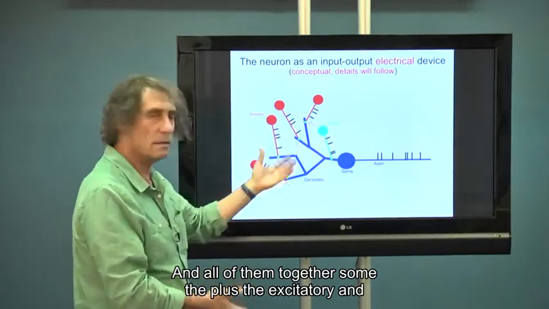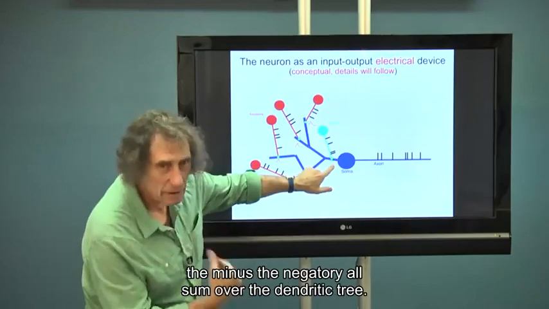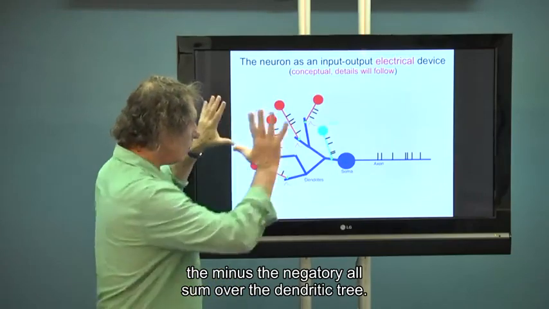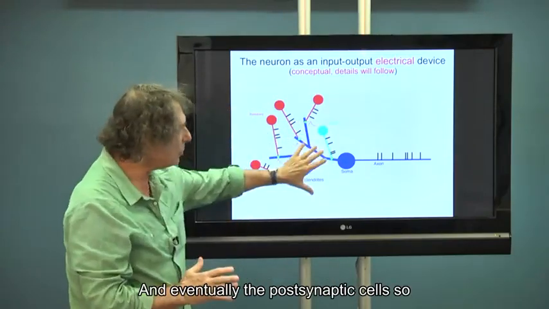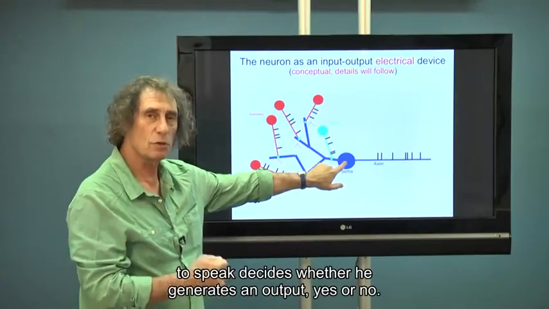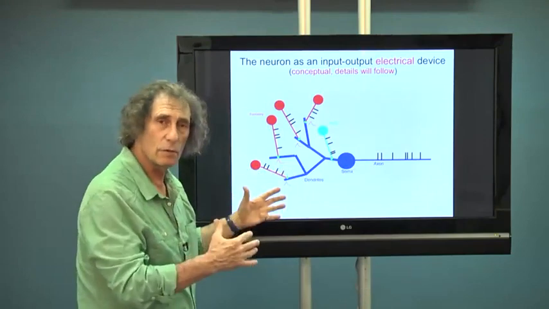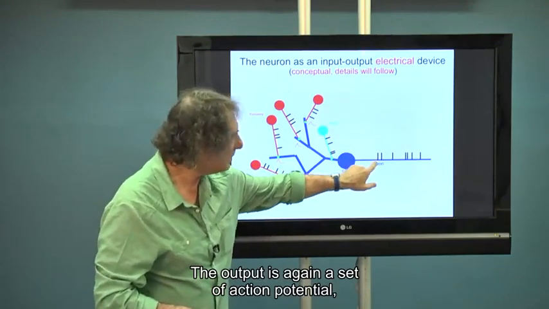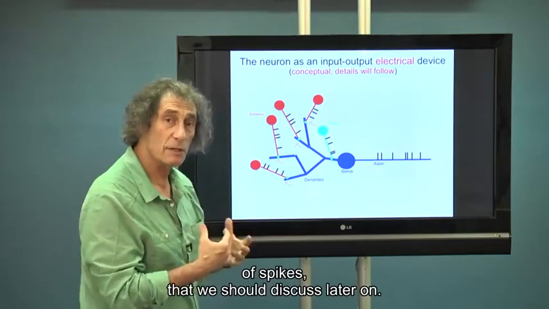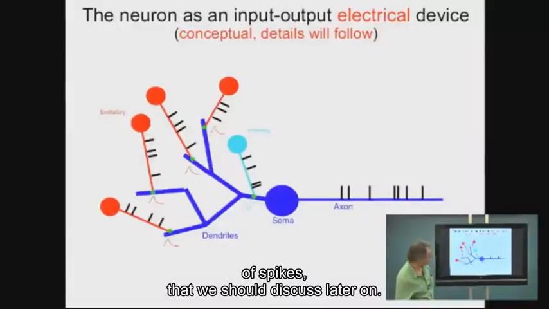The plus, the excitatory, and the minus, the inhibitory, all sum over the dendritic tree. And eventually, the postsynaptic cell, so to speak, decides whether it generates an output, yes or no. The output is, again, a set of action potentials, of spikes, that we should discuss later on.